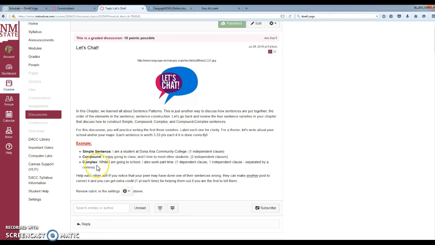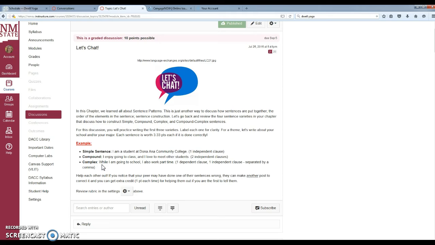Okay, let's go to a complex. Complex is different because it has one dependent clause and one independent clause. A dependent clause also contains a subject and a verb, but it has some other word in it that makes it not a complete sentence.